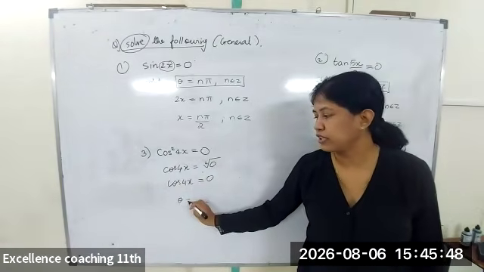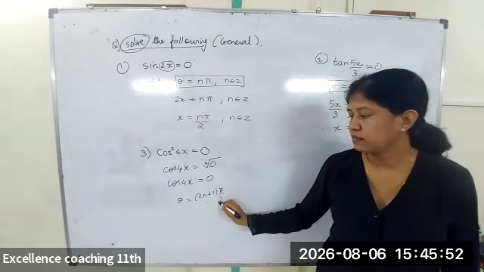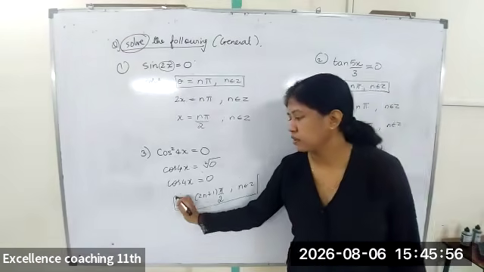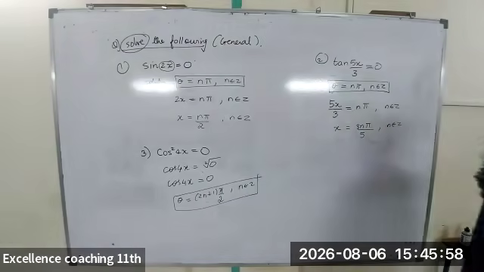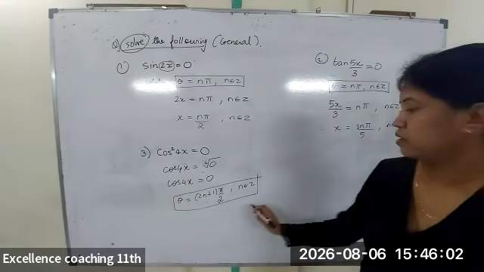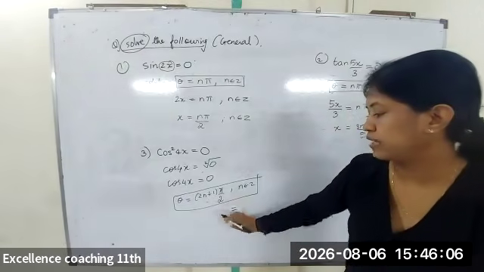So, what is the solution here? (2n+1) pi by 2, because this is cos. This is related to cos. So, what solution will we write? Theta means 4x.